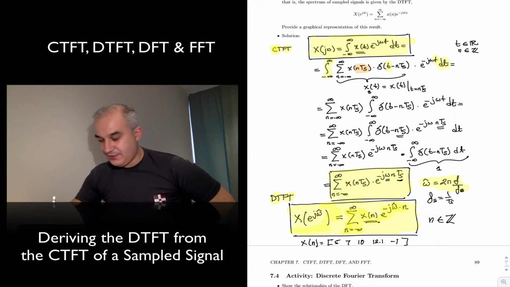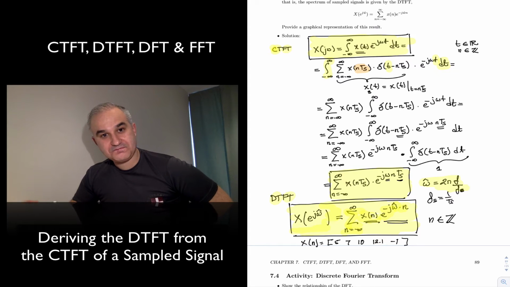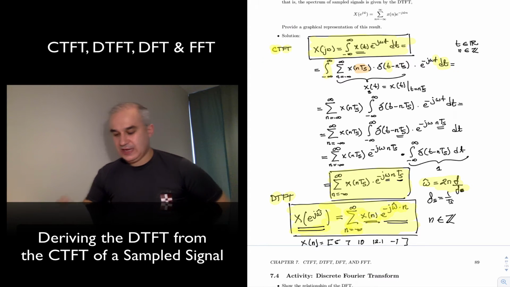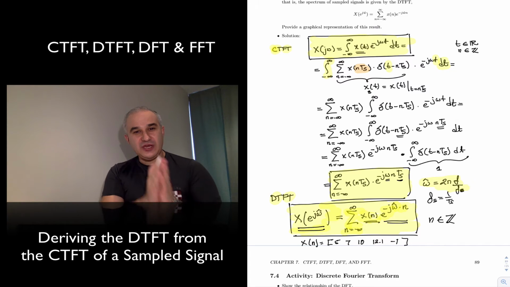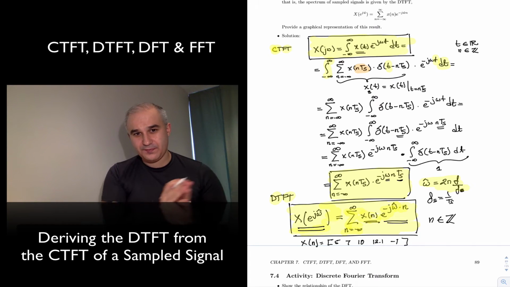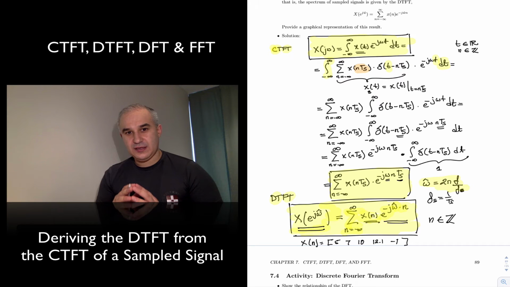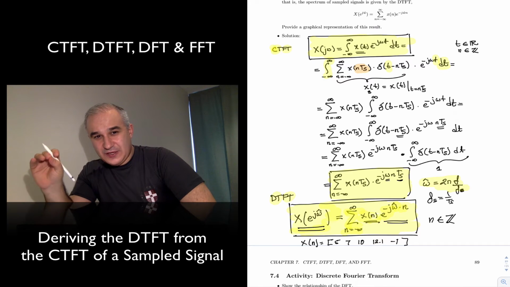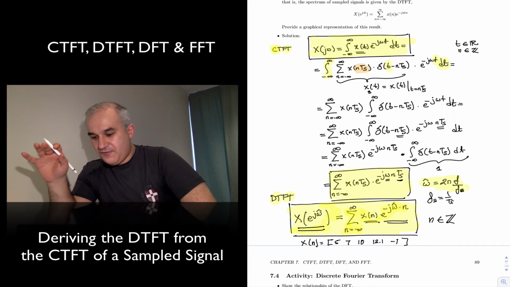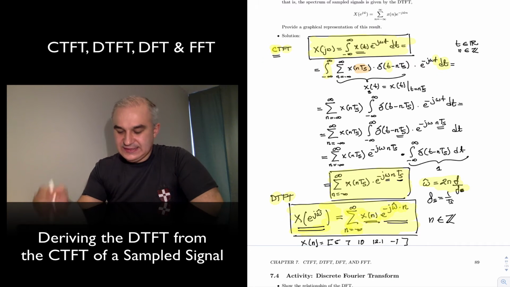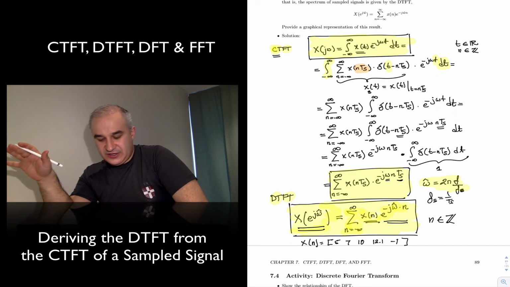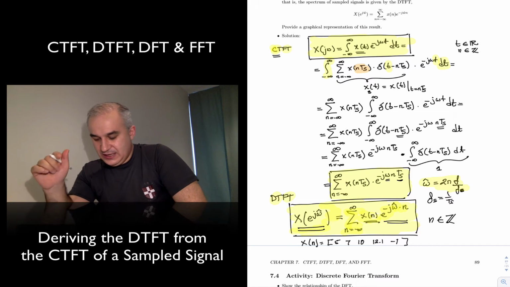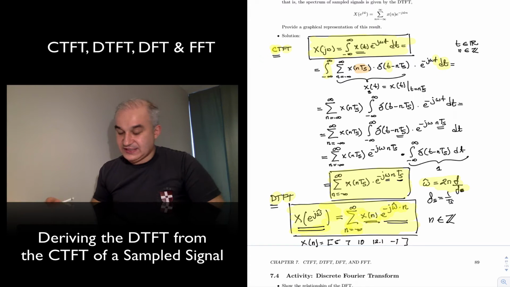You will pick each number, multiply times the exponential, add that together, and that's the spectrum. Now, the same way that the continuous time Fourier transform is the ideal spectrum analyzer for continuous time signals, the discrete time Fourier transform is the ideal spectrum analyzer. It gives you the ideal spectrum for discrete time signals.